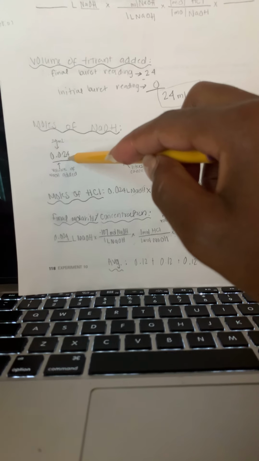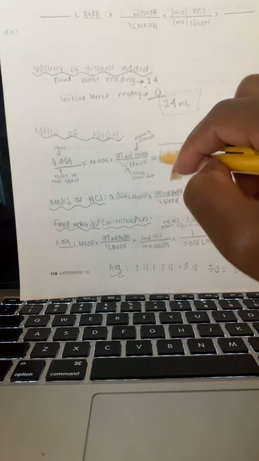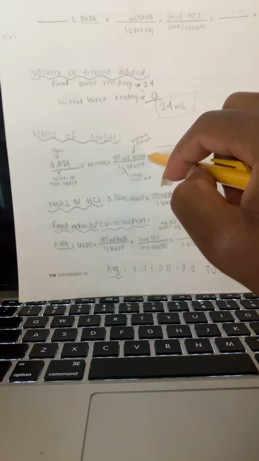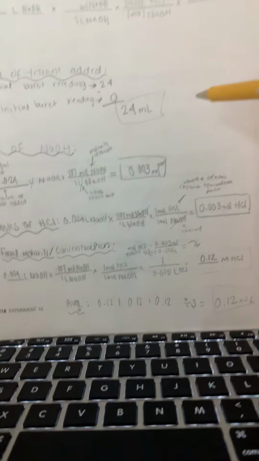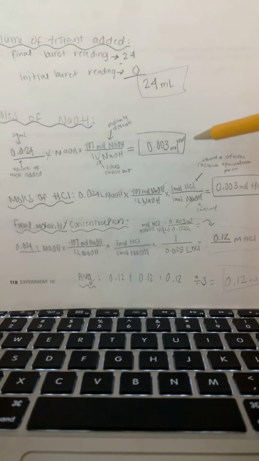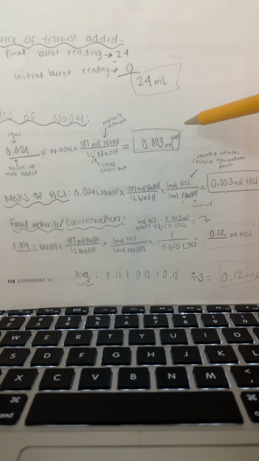That gave us 0.024 liters of sodium hydroxide, and we set up our equation first and multiplied it by the molarity of sodium hydroxide, which was 0.107, and then we divided it by the 1 liter of sodium hydroxide, and the liters got canceled out. What we got left was the moles of NaOH, which was 0.003.